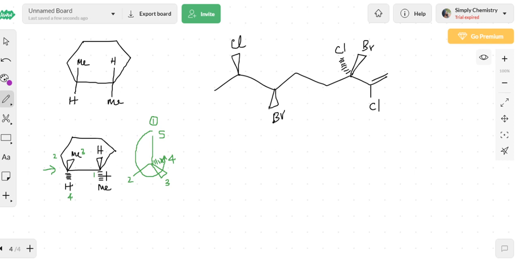For this carbon atom, this carbon gets the first number, second priority, third and fourth. So if you view the molecule from this direction, as usual your 1 is going to go onto the top.